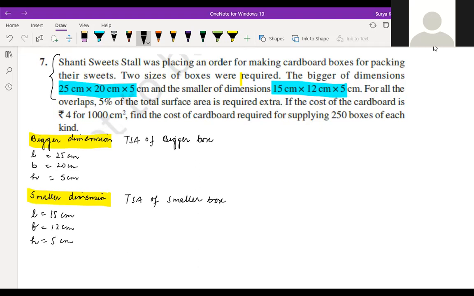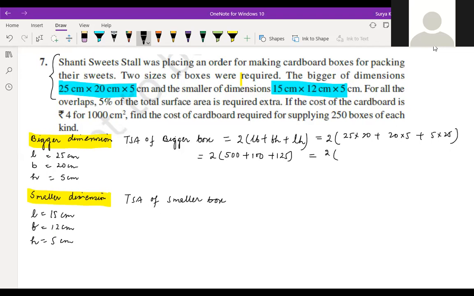Is it clear to everyone? So the total surface area of the box is 2 into LB plus BH plus LH. So 2 into 25 into 20 plus 20 into 5 plus 5 into 25. You'll get 2 into 500 plus 100 plus 125, 2 into 725.